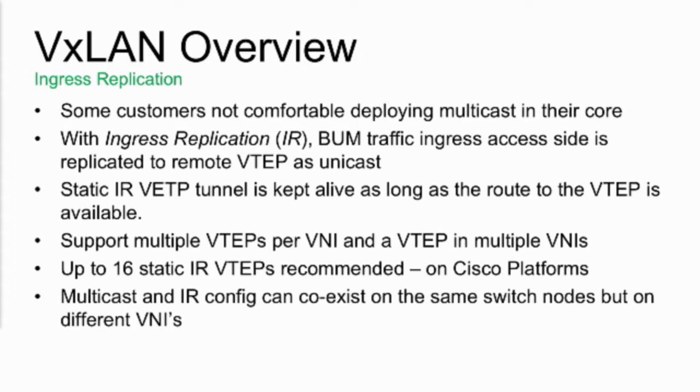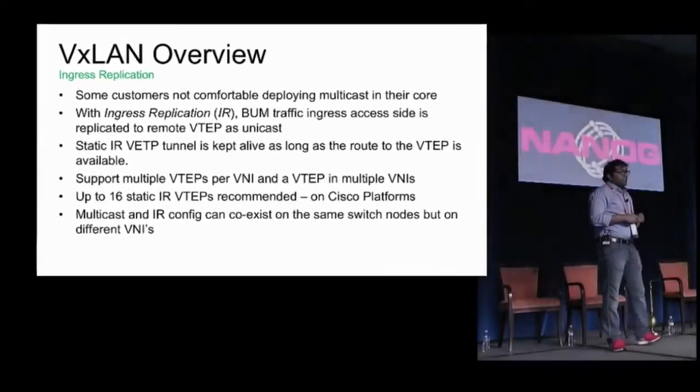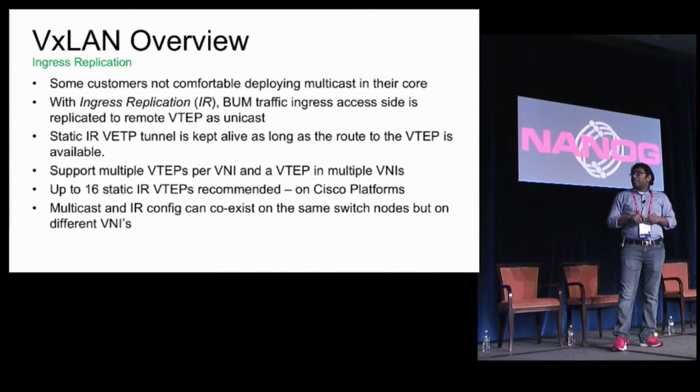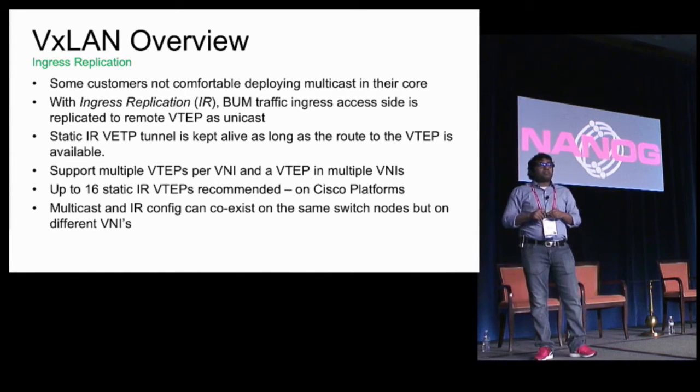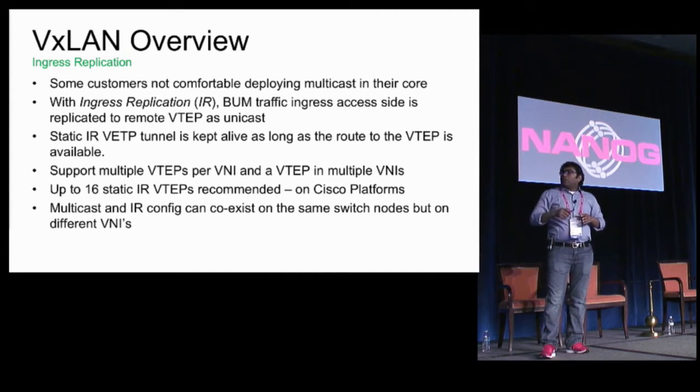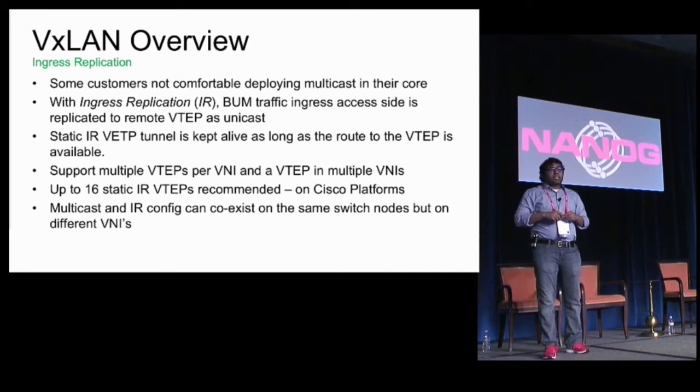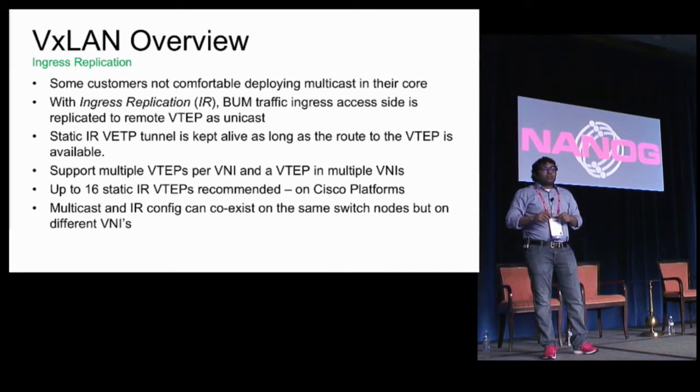And specifically on Cisco platforms, there's a recommendation to not use more than 16 Ingress Replication VTEPs. You may face some scalability challenges there. So all in all, both the flood and learn mechanism and the Ingress Replication mechanism are not so scalable.